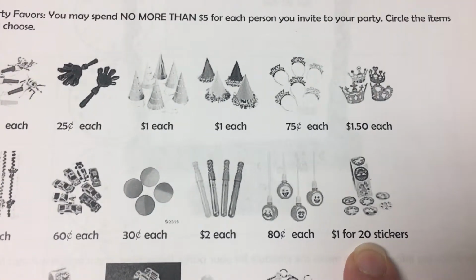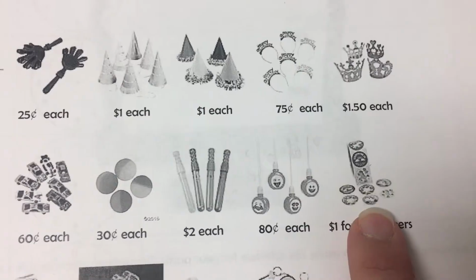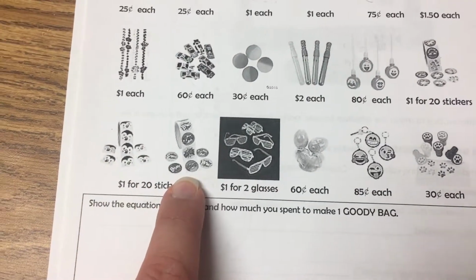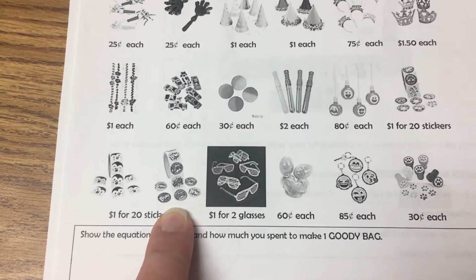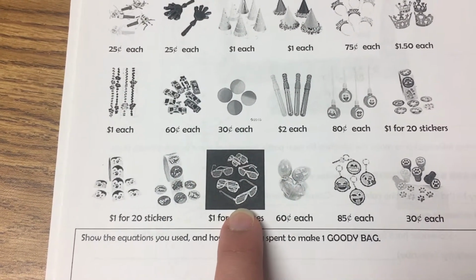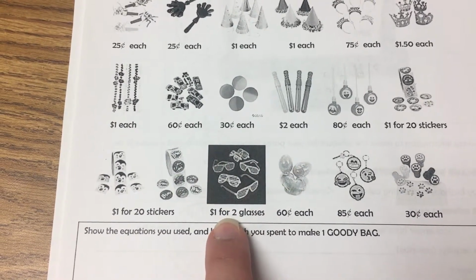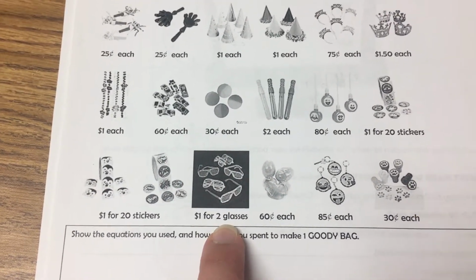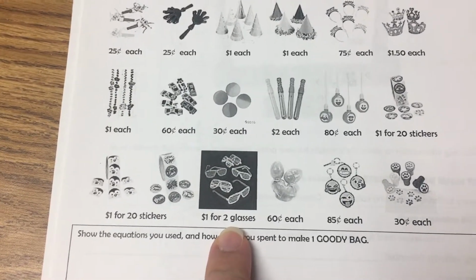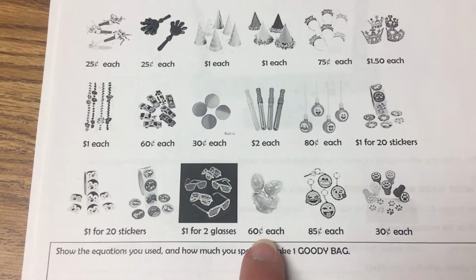I don't know if you can tell. These are unicorn stickers. These down here are penguin stickers, and these are superhero kind of designs. These are glow-in-the-dark glasses, and you can see that it's $1 for 2 glasses, so you have to do a little bit of calculating there to figure out how much one pair of glasses costs.